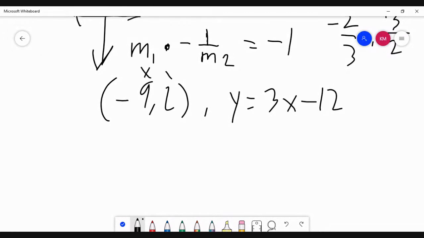Label x, label y. Now, to make it perpendicular, the slope must be flipped and inverted. So if m1 is 3, my m2 is -1/3.